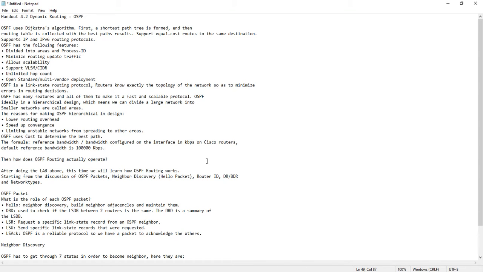OSPF is ideally designed hierarchically, which means we can divide a large network into smaller networks called areas.